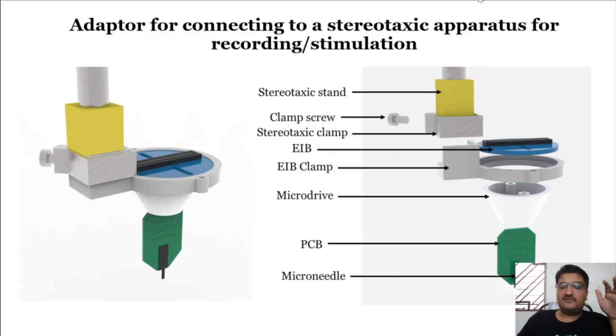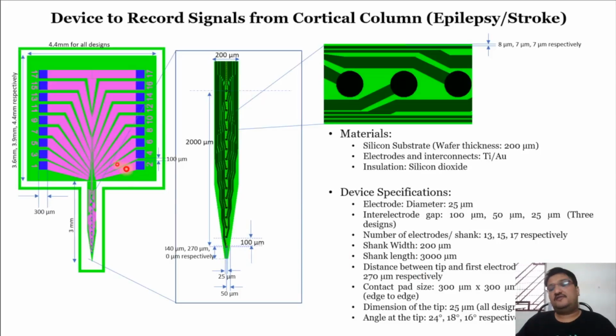This stand would be connected to your stereotaxic equipment, and once you move it in a particular direction, you should be able to navigate your microelectrode accordingly inside your deep brain region. So this is basically the idea, but as I mentioned, the key part remains the fabrication of your microneedle.